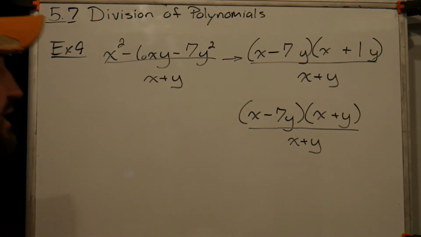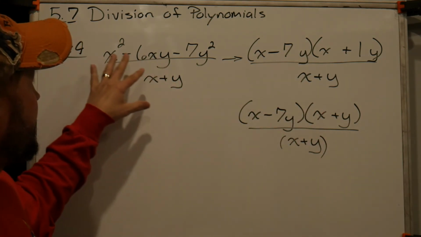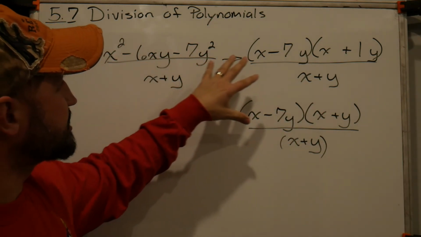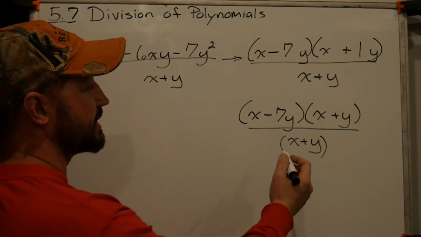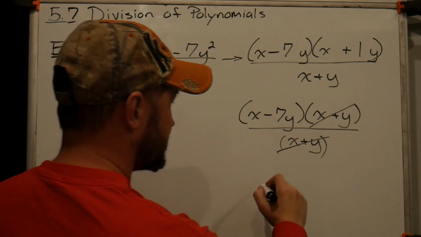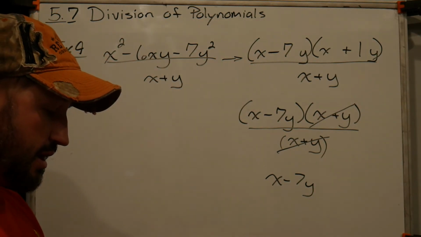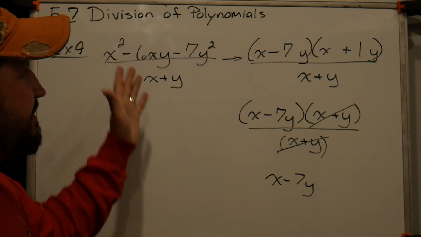What we have is this piece. Now, since these are multiplied together, we're not thinking in terms of 3 different fractions, we're thinking of one fraction. Right here it is. My denominator divides evenly into this piece, and it leaves me with x minus 7y for an answer. So, when you have a polynomial, you got to factor it.